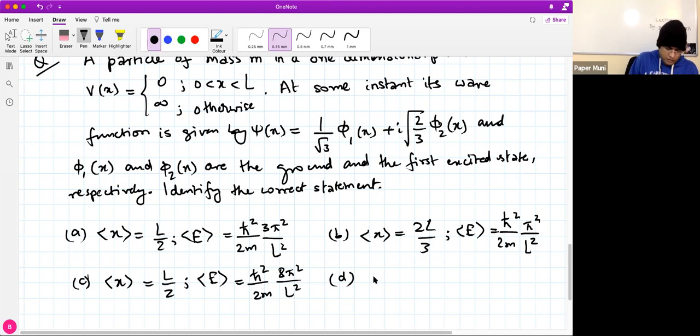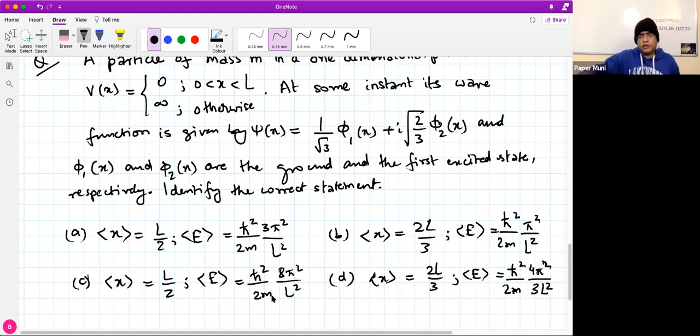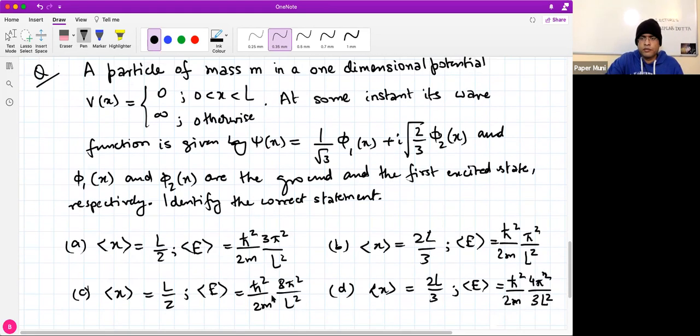D, x is equal to 2L by 3, and E is h cut square by 2m times 4 pi square by 3L square.